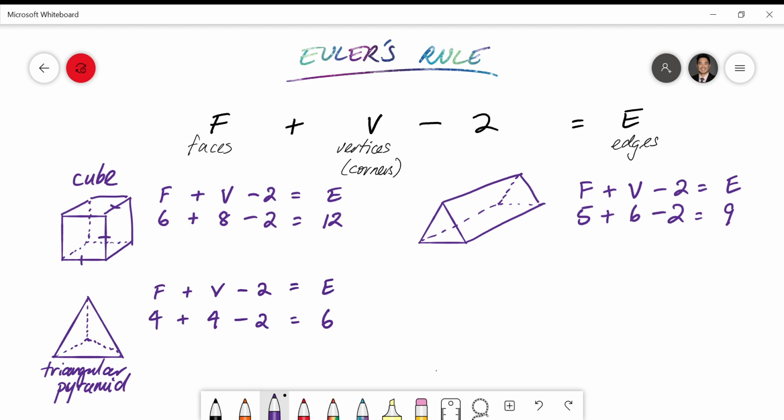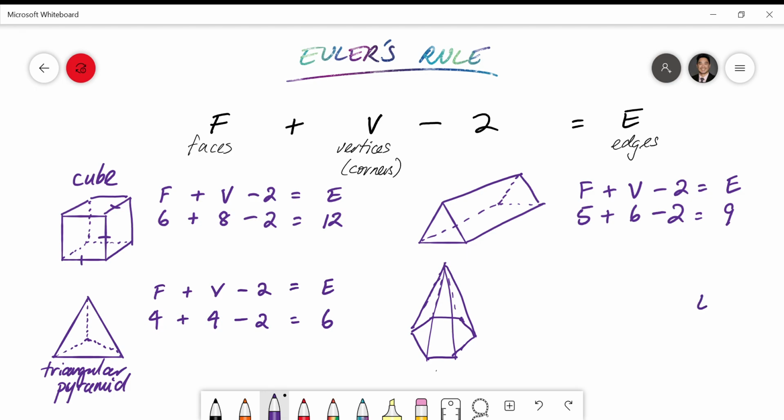I'm going to do one more, but in this case we're going to backtrack to work out one of the other two, given that we already know the edges. So let's see how I can succeed in drawing this diagram. We've got a hexagon, and okay, we've got a hexagonal pyramid here.